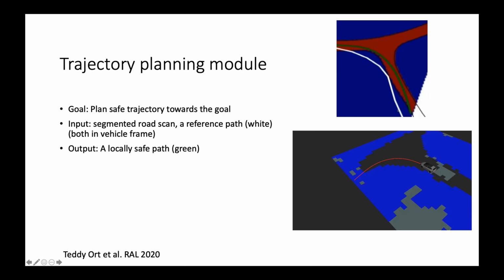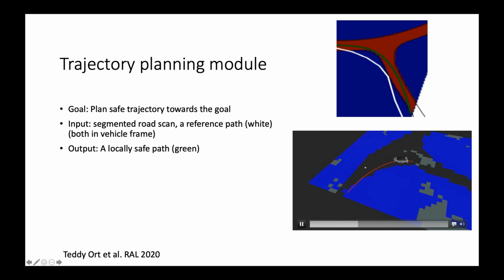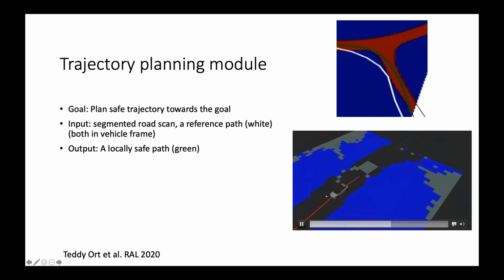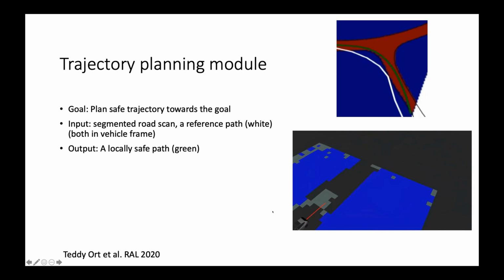The trajectory planning module comes up with a locally safe path given this reference path and local perception. You can see that as the car keeps turning here, the reference path keeps changing very frequently to ensure that the car is on the road and does not deviate too much away from the center line.